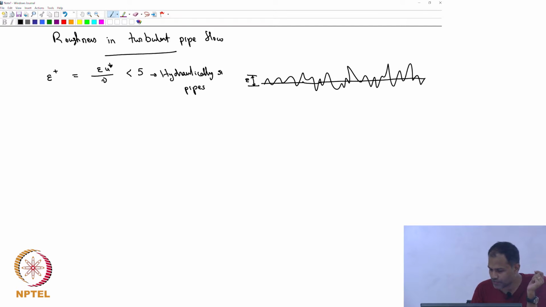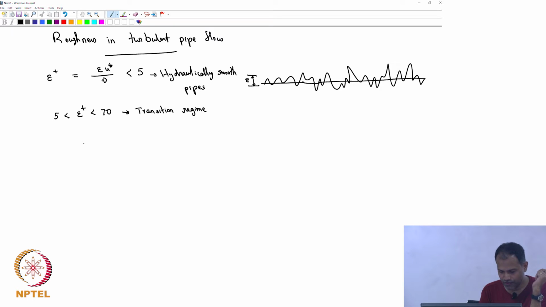Hydraulically smooth pipes. If epsilon plus is between 5 and approximately 70, then we say it's a transition regime. The transition is in terms of roughness.